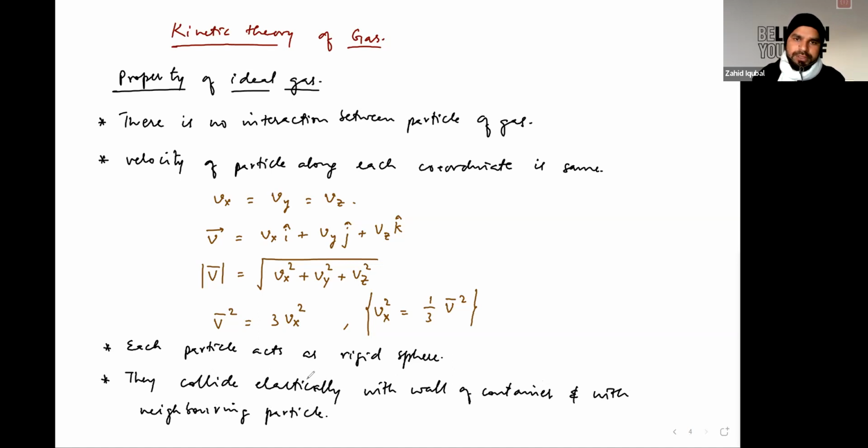They will have energy only due to temperature, that is thermal energy. Just write it down.